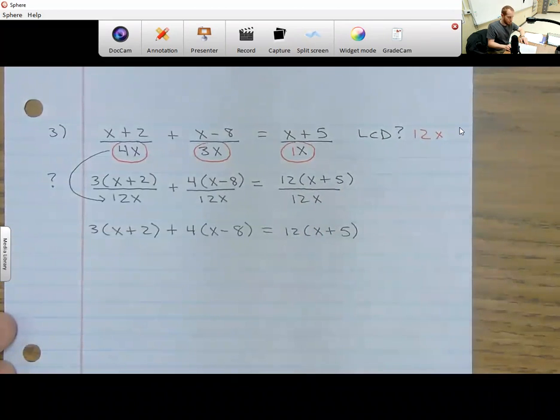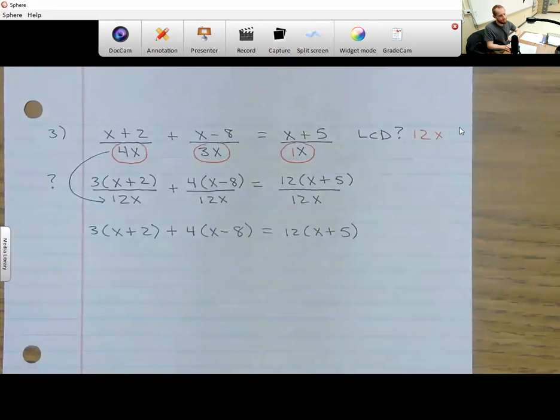And now I just go from there. So what I've done is I basically eliminated the denominators from the equation at this point.